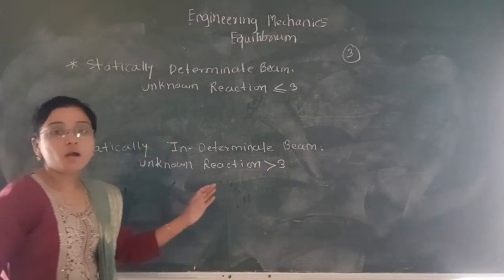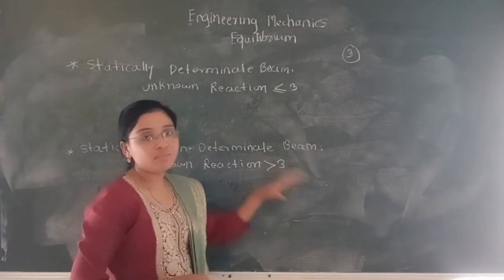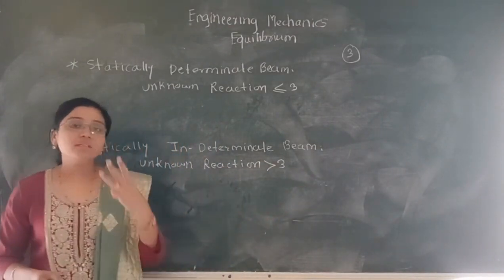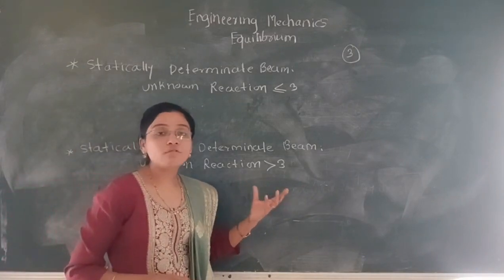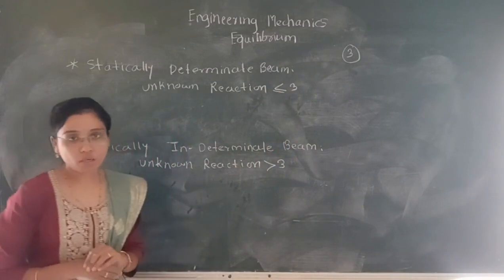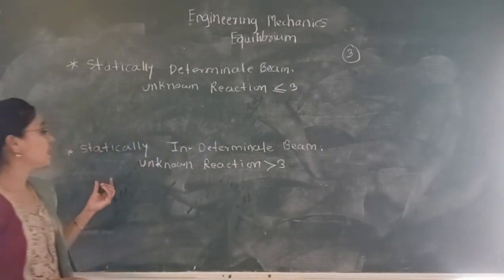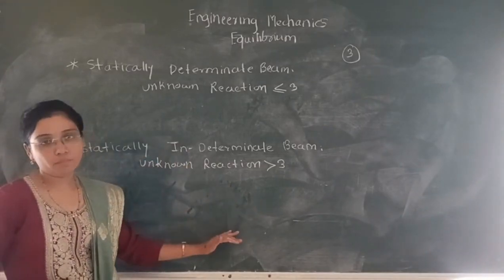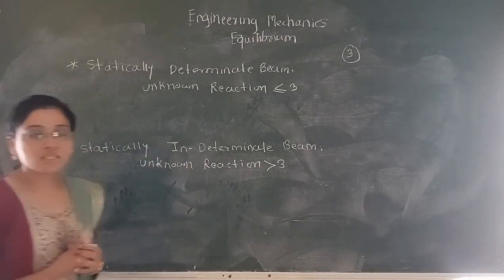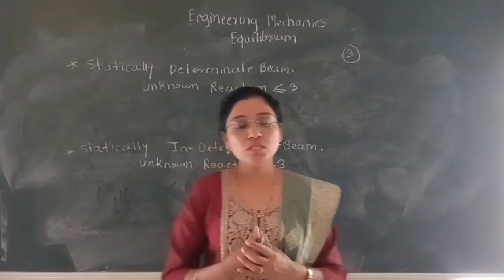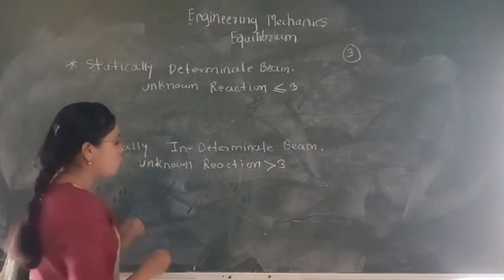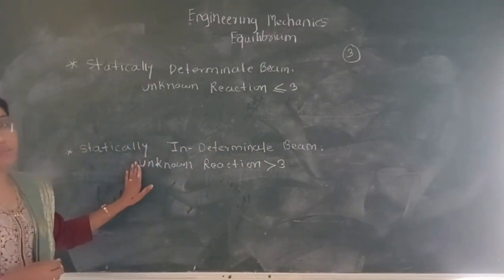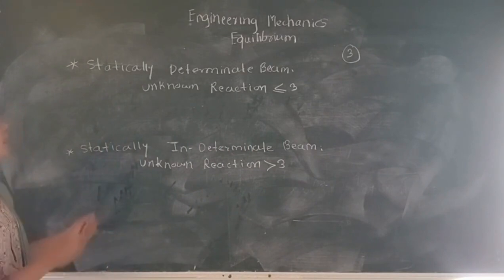We can find out the magnitude of any 3 reactions, but the remaining we cannot find out by using the 3 equilibrium conditions. The number of reactions which we cannot find out by using our 3 equilibrium conditions is called the degree of indeterminacy. Let's see an example.